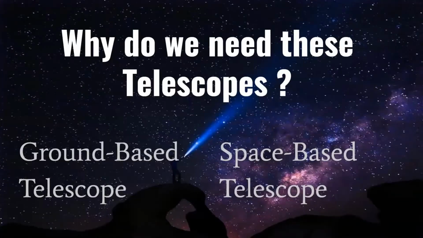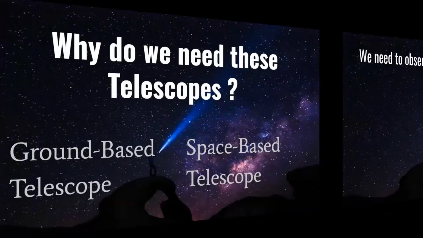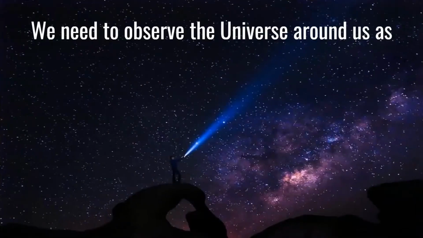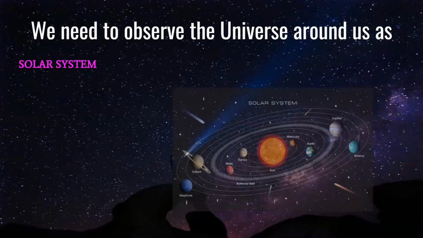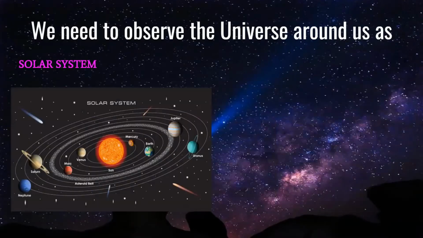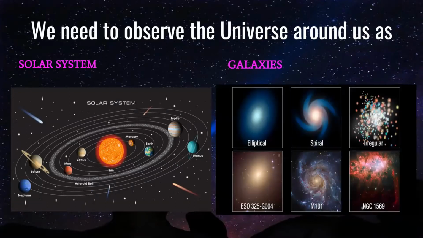So, again, why do we need these telescopes, either the ground-based telescope or the space-based telescope? We need them because we need to observe the universe around us, as the solar system, as the galaxies.